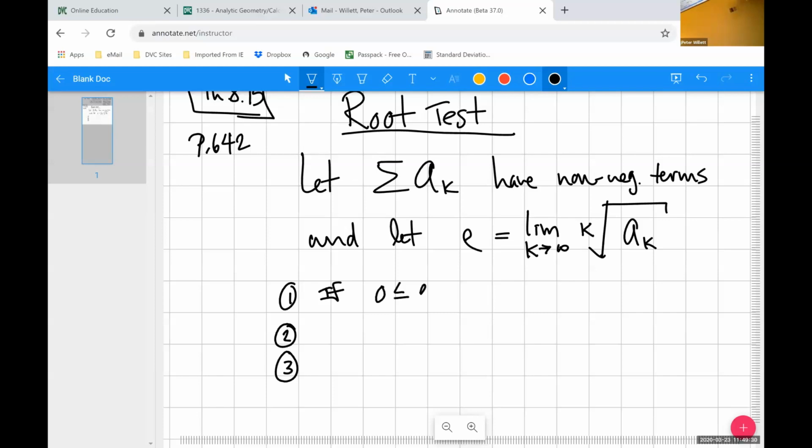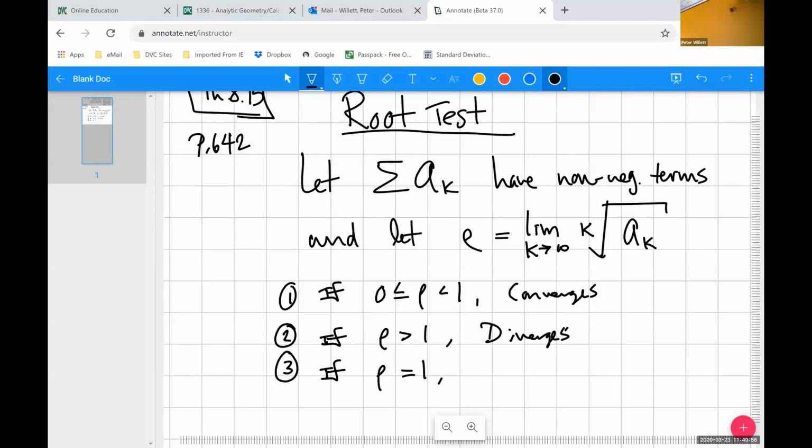If 0 is less than or equal to rho is less than 1, the series converges. If rho is greater than 1, it diverges. And if rho is equal to 1, you can probably guess the test is inconclusive.